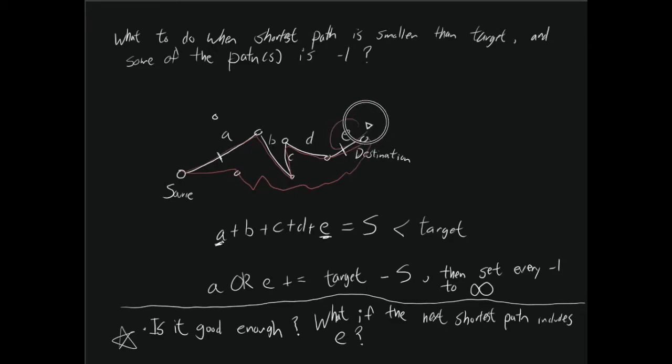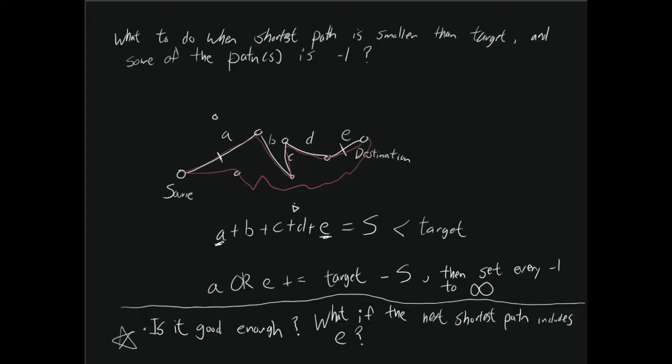When I increase E, this path may no longer be the shortest path, and some other path reaching the destination from the source could become the shortest path now.